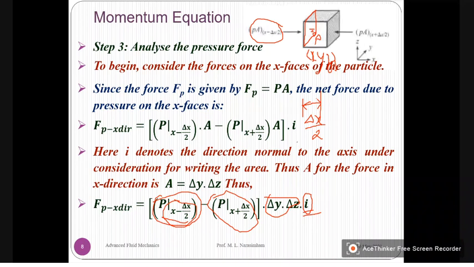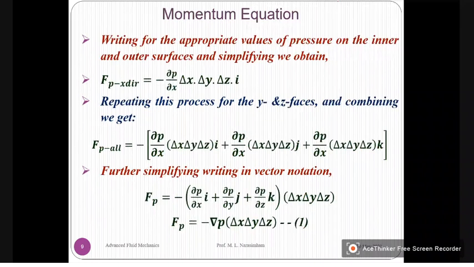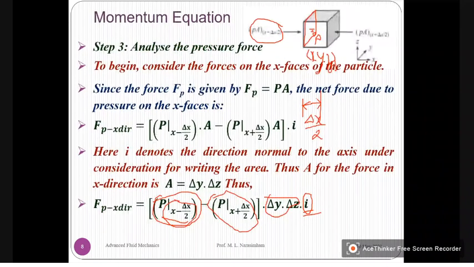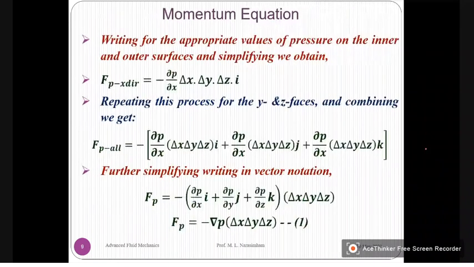So similarly, by simplifying this, we will get this expression. A similar expression we got for ideal fluid also.